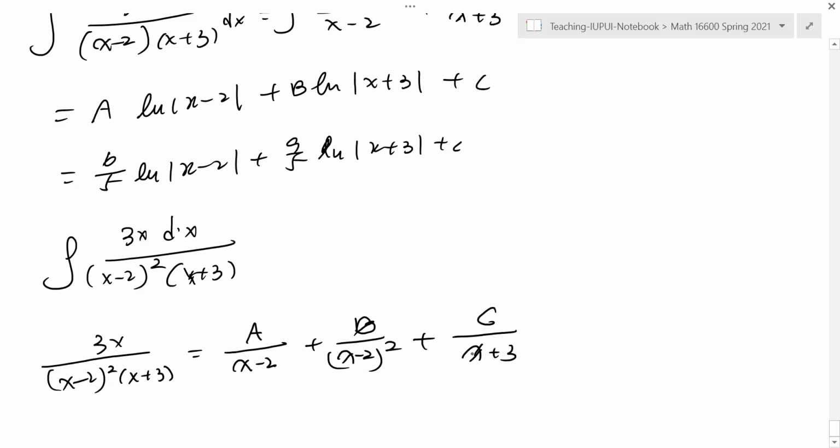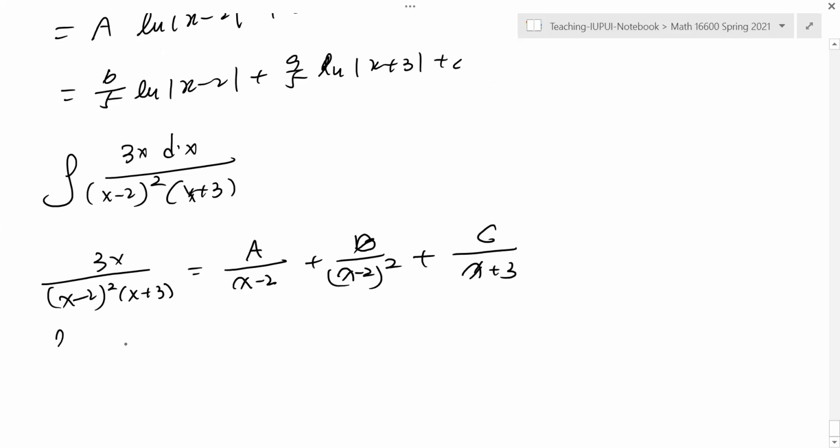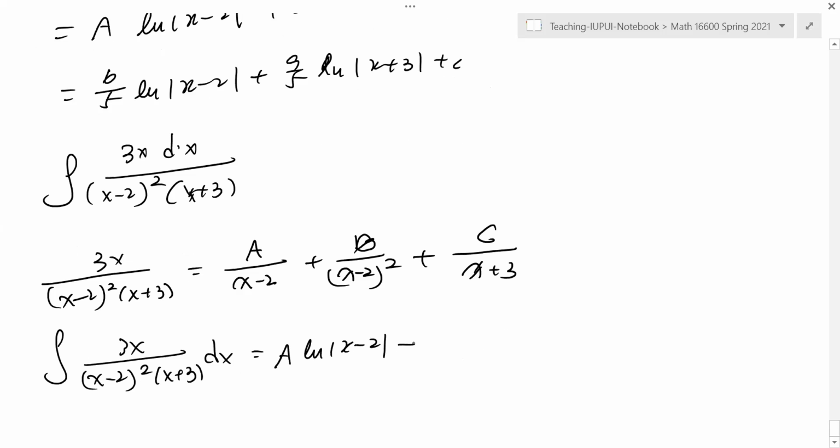Again, if you ran out of time, you just assume you already get those constants. Then the integral is going to be: the first one is a natural log, right? The second one is not natural log, because the second one is just like a 1 over x squared, right?